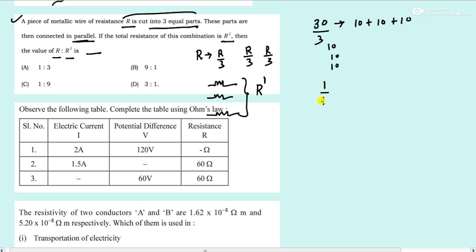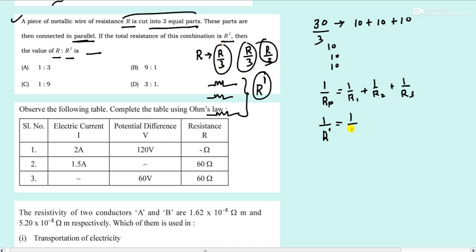Resistance in parallel: 1/Rp is equal to 1/R1 plus 1/R2 plus 1/R3. Here Rp is R dash. And what about R1, R2, R3? All of them are the same, R by 3, correct? So I can write here R by 3, again R by 3, again R by 3.